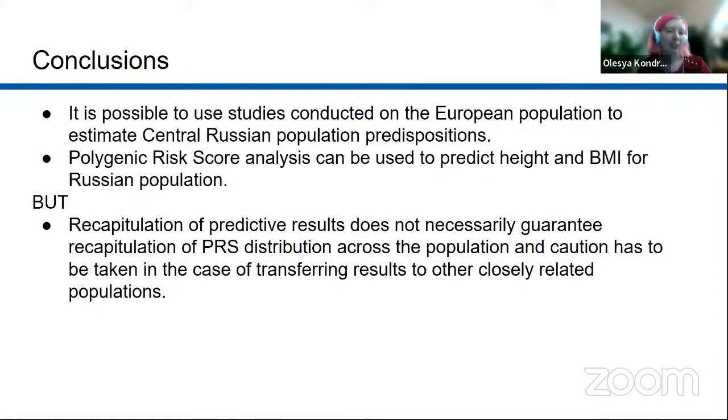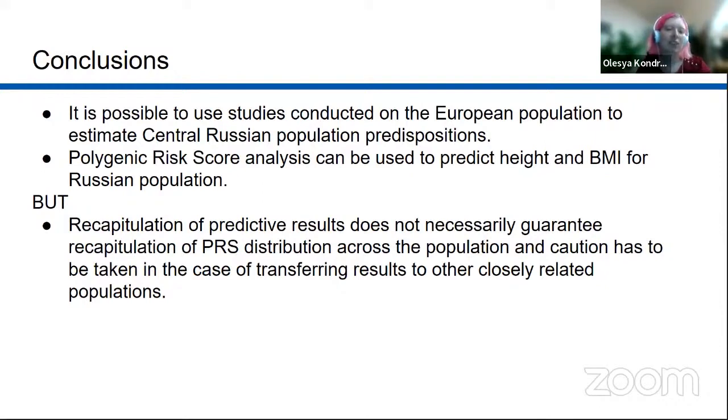In this study, we showed that it's possible to use studies conducted on European population to estimate Central Russia population predispositions. Similar frequency of SNPs between populations allows cross-application of polygenic risk score.